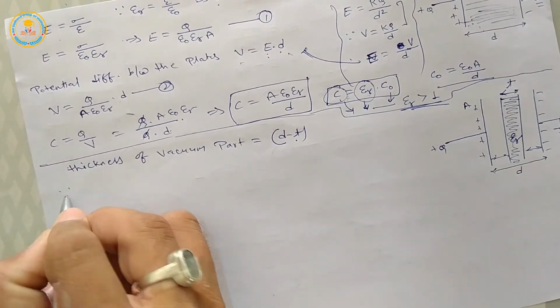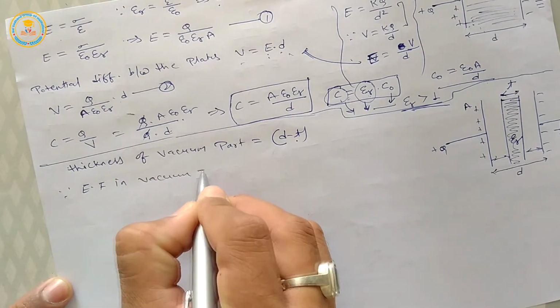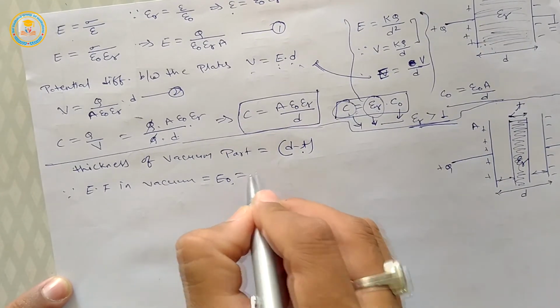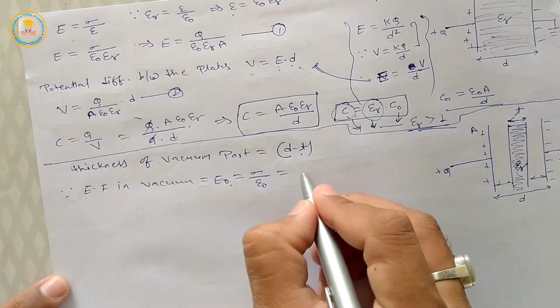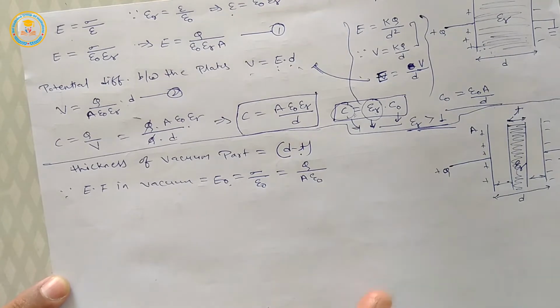And the electric field in vacuum is E naught, represented by E naught is equal to sigma upon epsilon naught, and we put the value of sigma equal to Q upon A, so E naught is Q upon A epsilon naught.